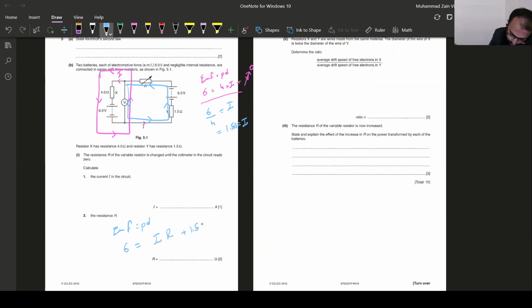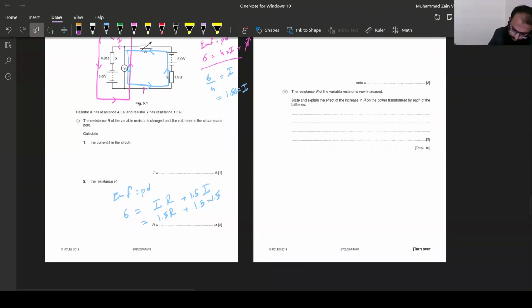It's 1.5 I. I just found out it was equal to 1.5. So 1.5 R plus 1.5 times 1.5. So I do all this equation and I get 3.75 divided by 1.5 equals R. So from this, I'll be able to find R. I replaced PD with IR.